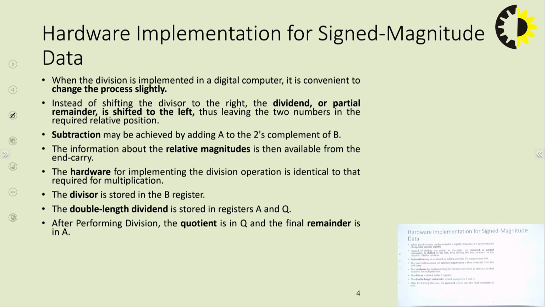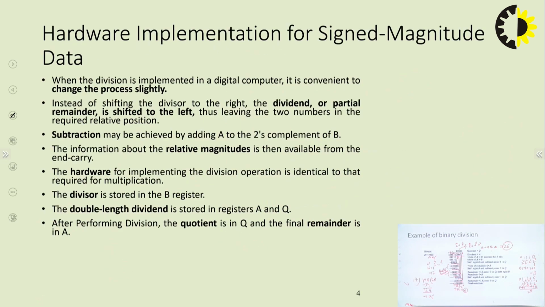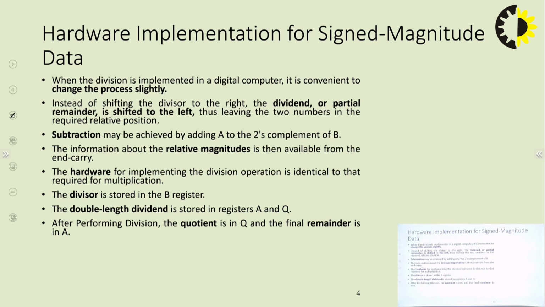In hardware implementation, when the division is implemented in a digital computer, it is convenient to change the process slightly. So, instead of shifting the divisor to the right, the dividend or partial remainder is shifted to the left, thus leaving the two numbers in the required relative position.